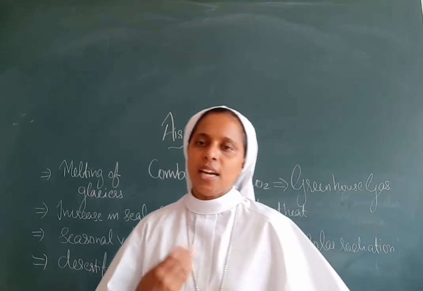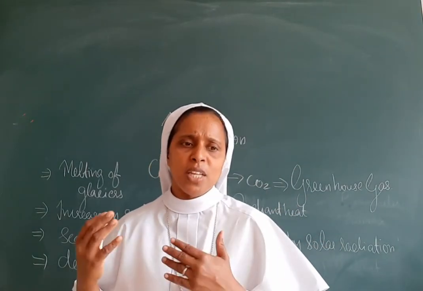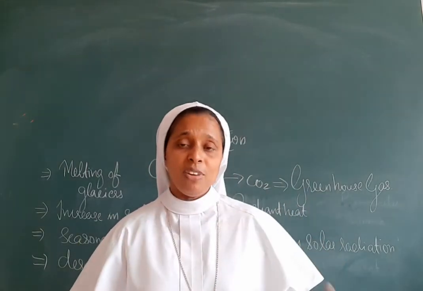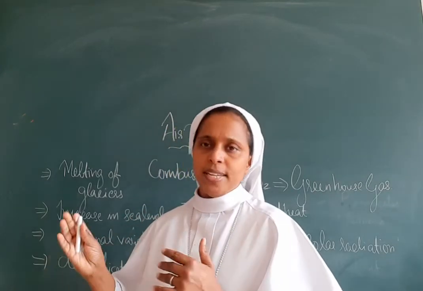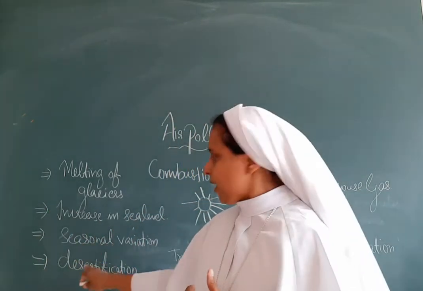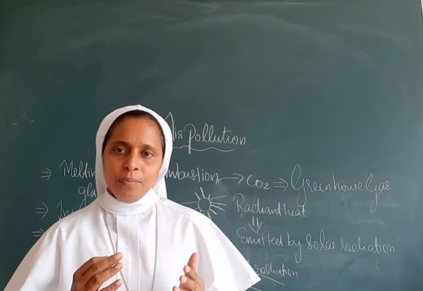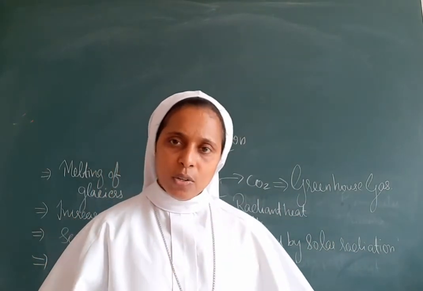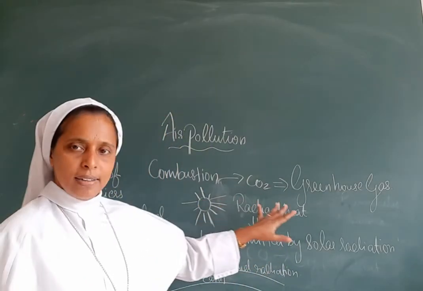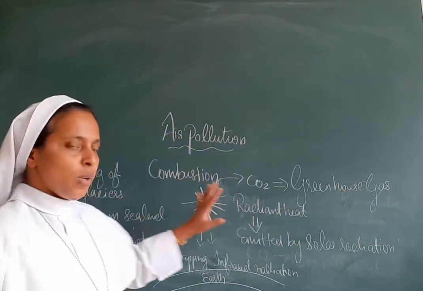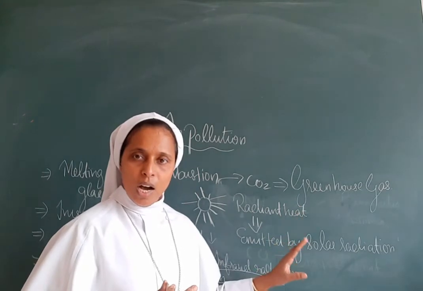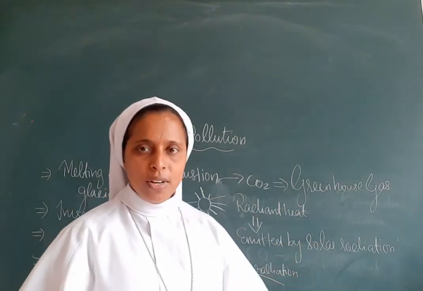What do you mean by seasonal variation? Sometimes rain may occur, sometimes there will not be rain, sometimes heavy rain will take place. All these happen due to seasonal variation. Then desertification also will take place. So these are the effects. If the carbon dioxide is increased, what happens, what is greenhouse gas, greenhouse effect, and what is global warming, we have come across.